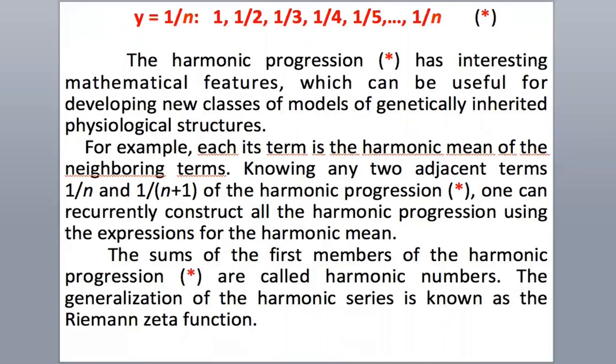Knowing any two adjacent terms of the harmonic progression, one can recurrently construct the whole harmonic progression using the expressions for the harmonic mean. The sums of the first members of the harmonic progression are called harmonic numbers. The generalization of the harmonic series is known as the Riemann zeta function.